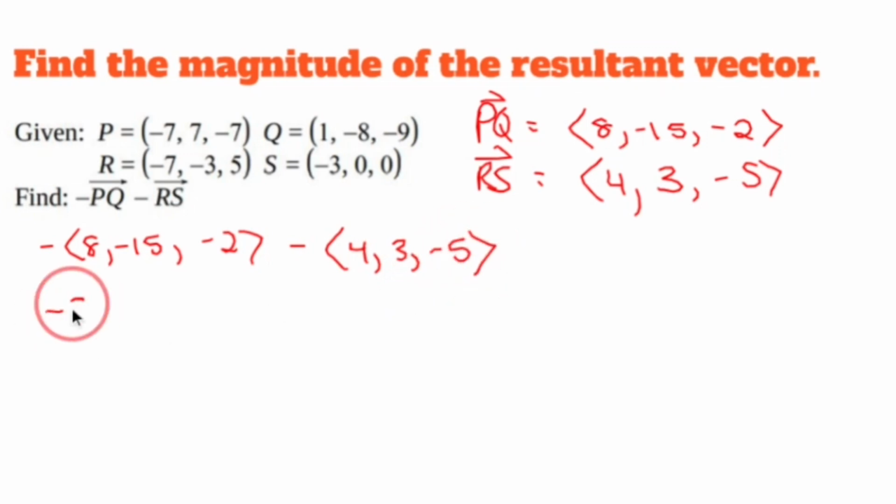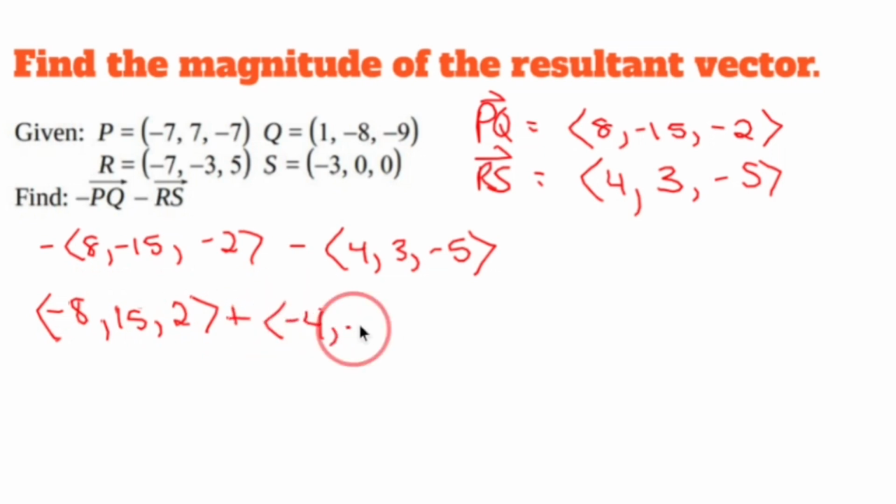Negative 8, 15, 2 plus negative 4, negative 3, 5 is going to give me in component form negative 12, because negative 8 plus negative 4 is negative 12. 15 minus 3 is regular 12. 2 and 5 makes 7.